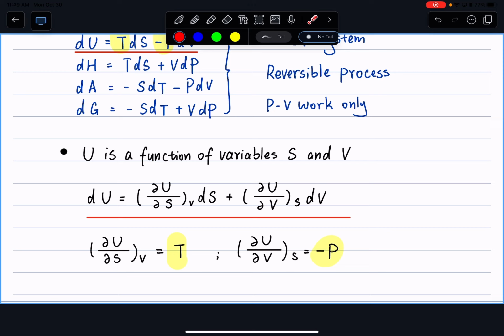So T equals the partial derivative of dU over dS at constant V, and negative P equals that other partial derivative.